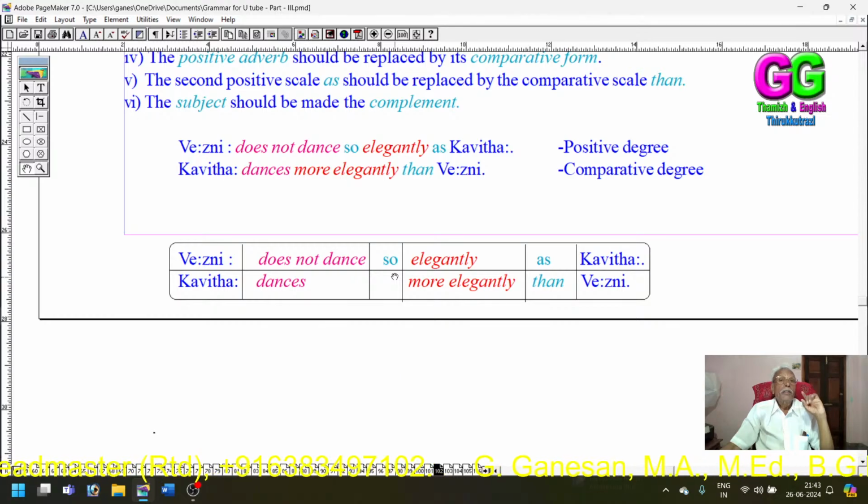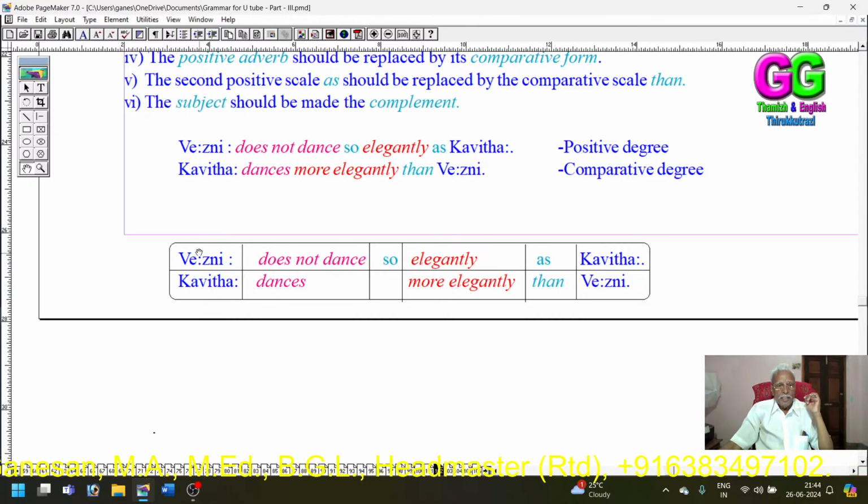Thirdly, the first positive scale so should be tracked. Fourthly, the positive adverb should be replaced by its comparative adverb. So, elegantly has been replaced by more elegantly. Fifthly, the second scale as should be replaced by the comparative scale than.